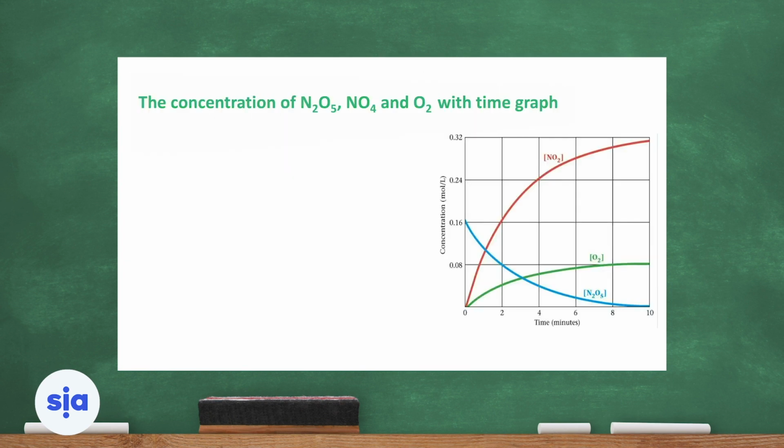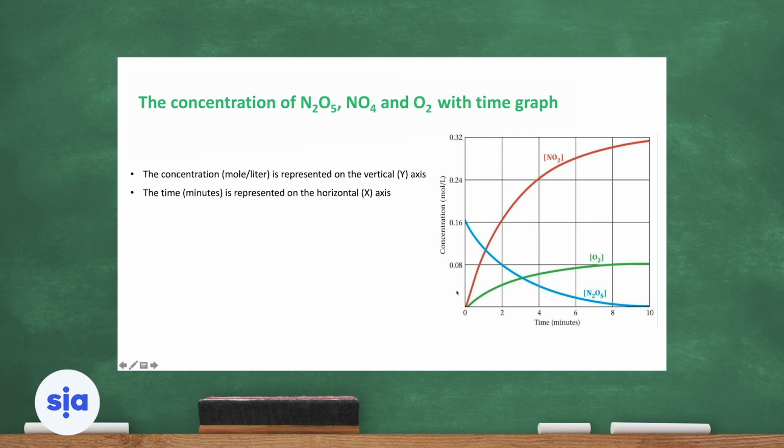This is the graph. Here is the concentration and here is the time. The concentration, represented by mole per liter, is represented on the vertical y-axis, while the time, in minutes, is represented on the horizontal x-axis.